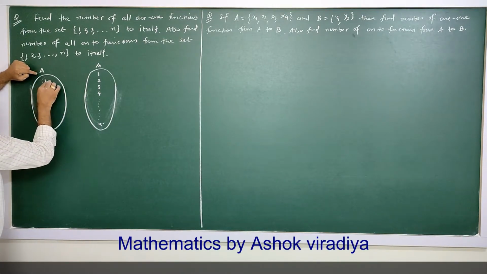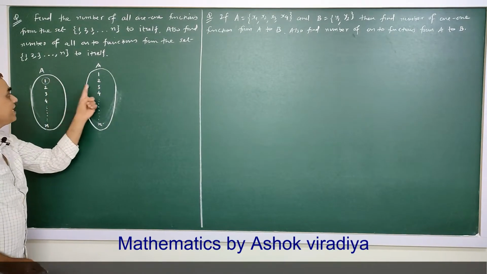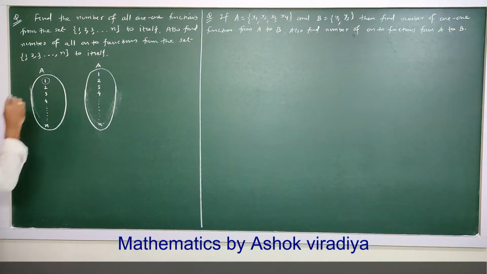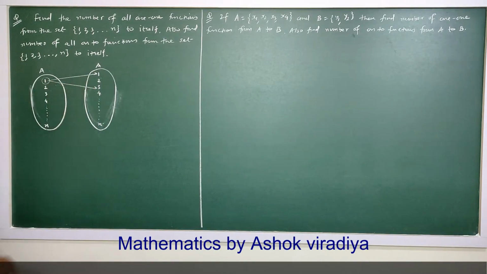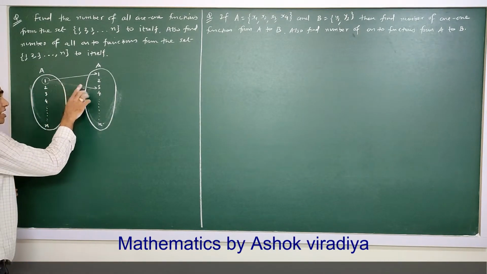So 1 can be joined with any 1. We can't join 1 with more than 1 element. If you join 1 with this 1 and with this 3, then this is not a function. A 1-many relation is not a function. Any element of the first set should not be associated with more than 1 element. Otherwise this is not a function. This is not allowed. So every element must be associated uniquely.